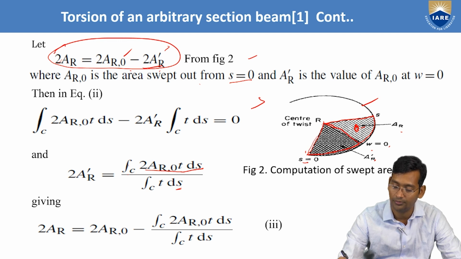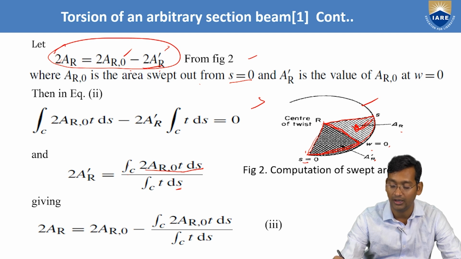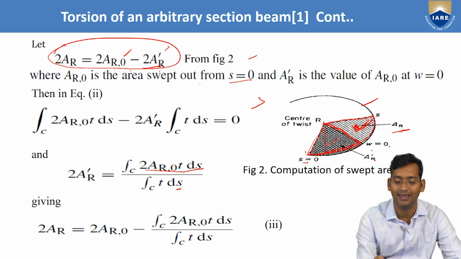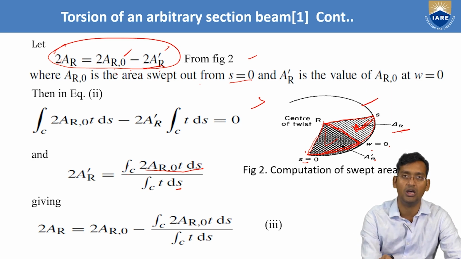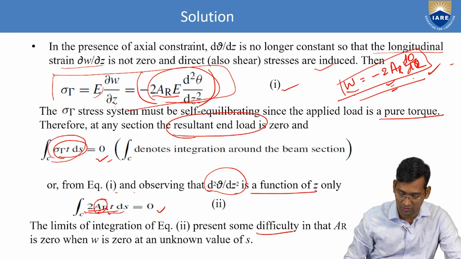So remaining is only your AR. Can we write that this whole minus this part is your AR? So AR is AR naught minus AR dash. Now just multiply, because in the formula 2 is there. So 2AR equals 2AR naught minus 2AR dash. Now once we have 2AR, substitute it in the previous equation.